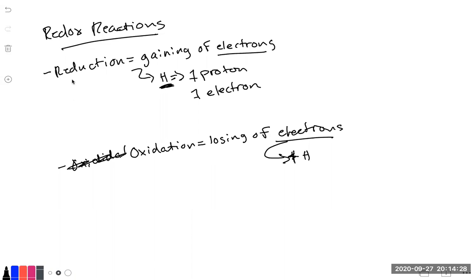So with this in mind, remember reduction is the gaining of electrons. Oxidation is the losing of electrons. And there's a really neat mnemonic that you can use and you'll never forget. Oil, rig.